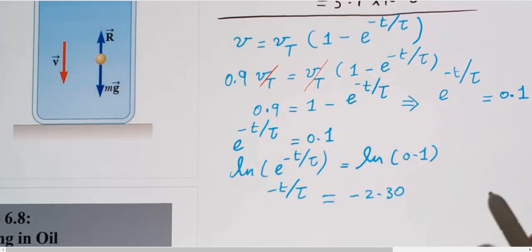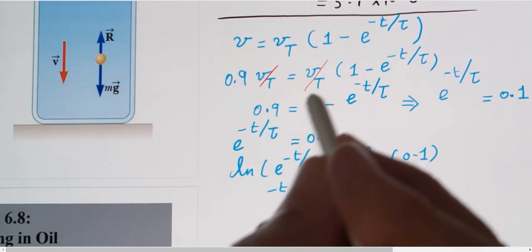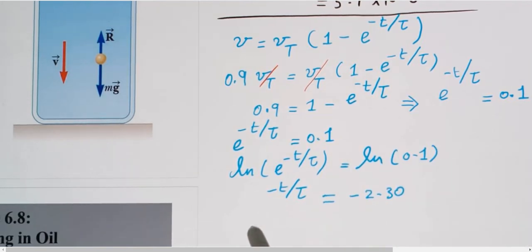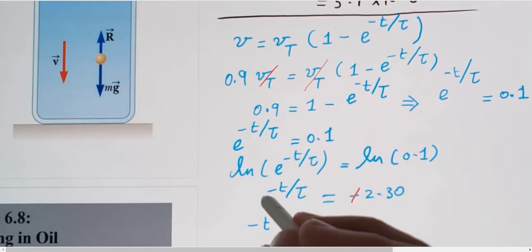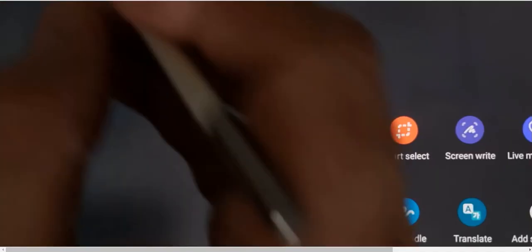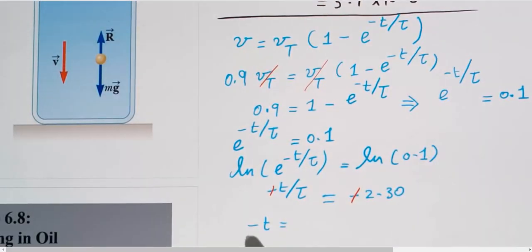We know the value of tau from the previous problem, so minus t. Well, the minus will disappear also. It will cancel. So t equals tau multiplied by 2.3.